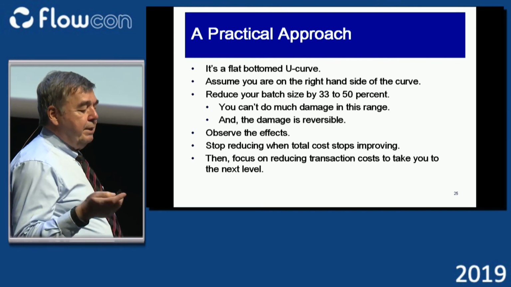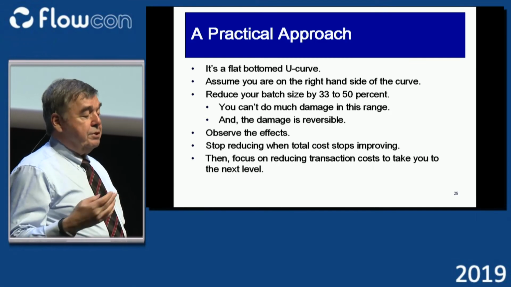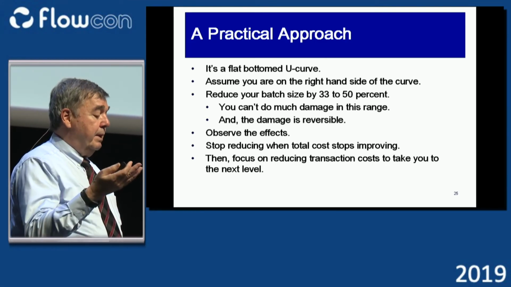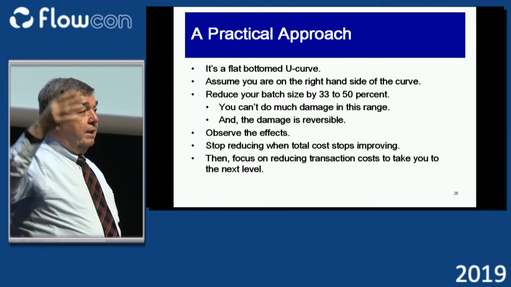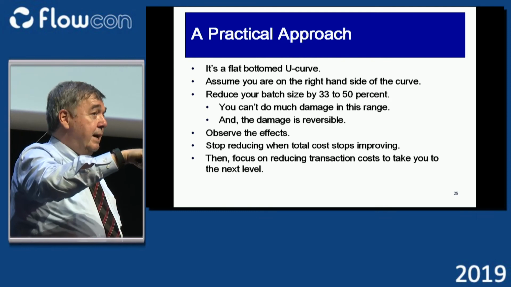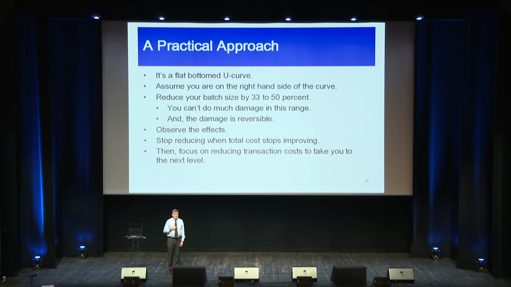Try reducing by 33 to 50%. You can reverse direction if you did something wrong, if the costs go up. And then my view is assume you're not at the optimum point, keep driving down until performance flattens out, then shift your focus to driving down transaction costs. And then you start driving down the batch size again.